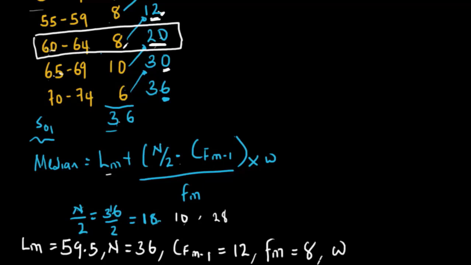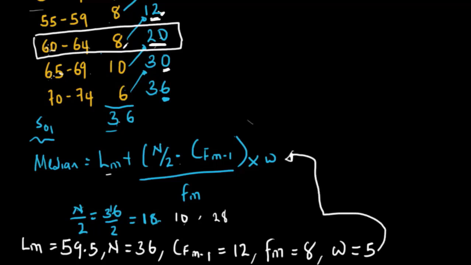Then we have width. Remember we found width in the previous video on finding mode of grouped data. Width is just like 65 minus 60. You subtract subsequent upper limits or subsequent lower limits. So 65 minus 60 will give us 5. If I do 69 minus 65, I'll still get 5. Does this make sense? Now we slot this into the formula.